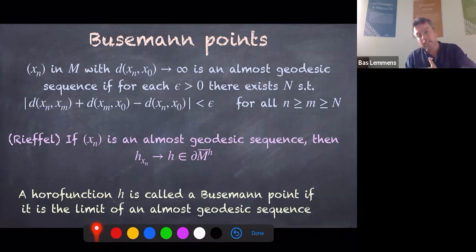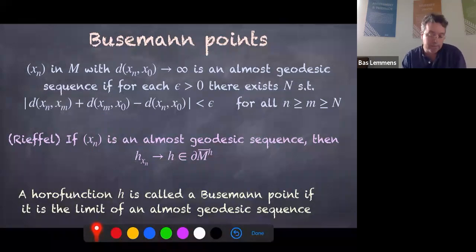So I start making triangle equality, and I get geodesic behavior. Now, Rieffel already showed that such sequences always lead to horofunctions. That's an easy exercise, but it's useful.